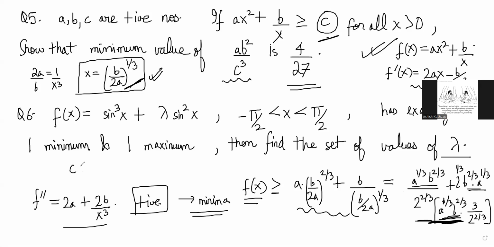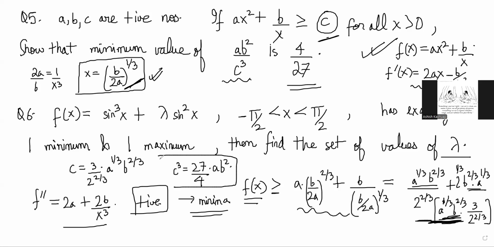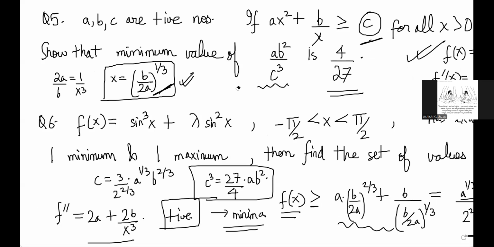So we can say c is equal to 3 by 2 power 2 by 3, a power 1 by 3, and b power 2 by 3. So you can cube the whole thing. C cube is equal to 27 by 4 a b square. And we are getting a b square by c cube is coming out to be 4 by 27 from there. I hope it is clear. It's not very difficult. It's just you have to do the calculations a little bit, right?